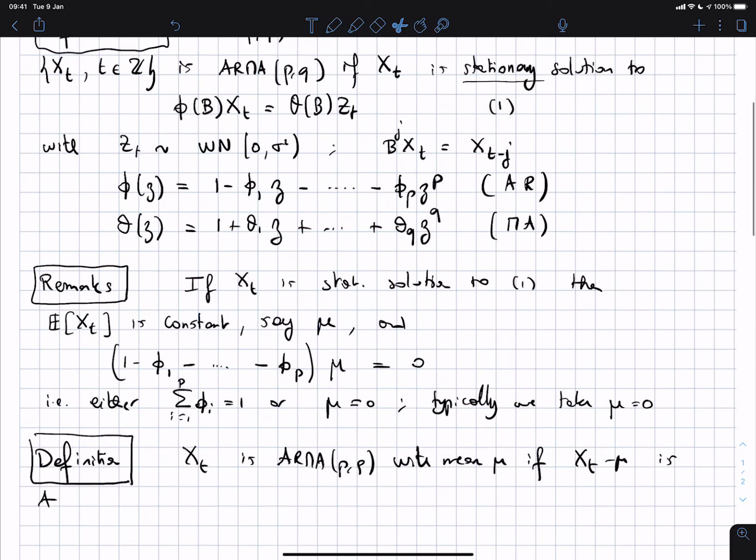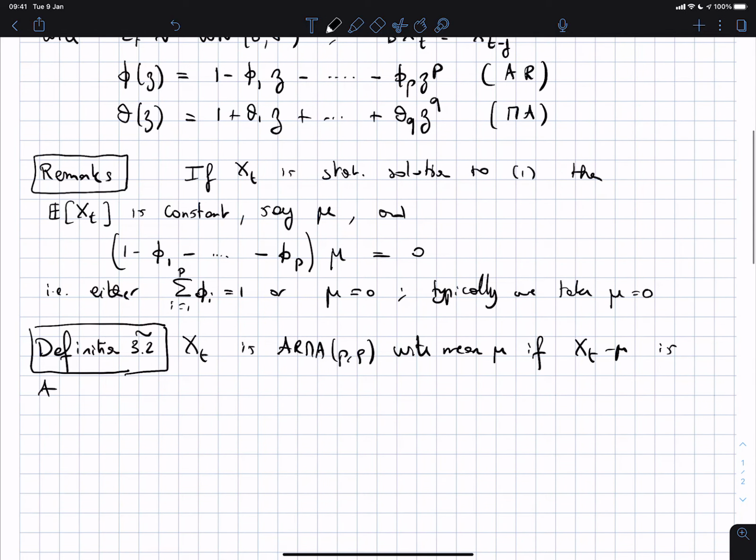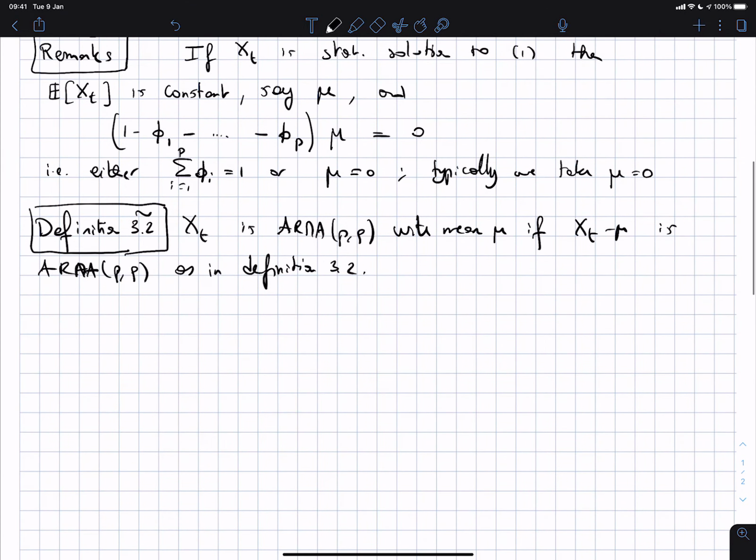So let's say that this is definition 3.2 prime: X_t is ARMA with mean mu if X_t minus mu is ARMA(p,q), as in definition 3.2. So this is things that we discussed last week. I think the rest is more or less clear.